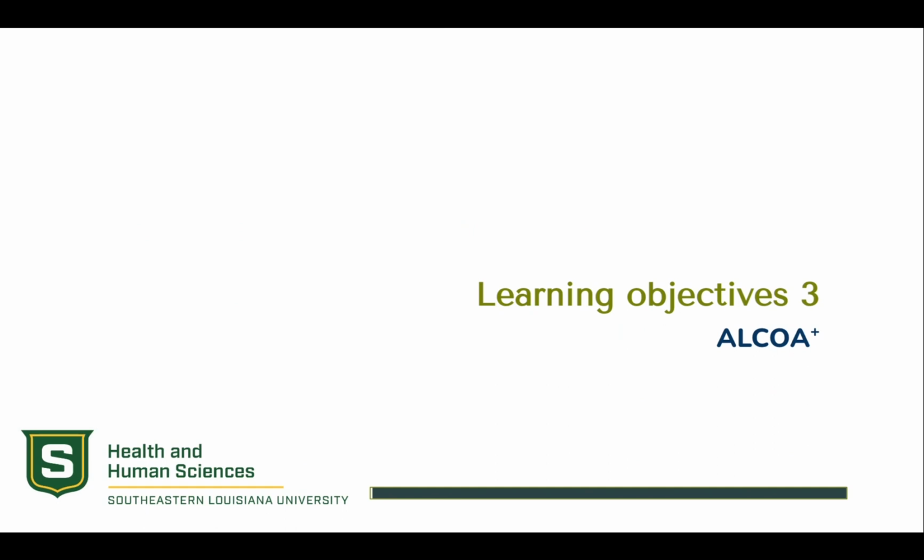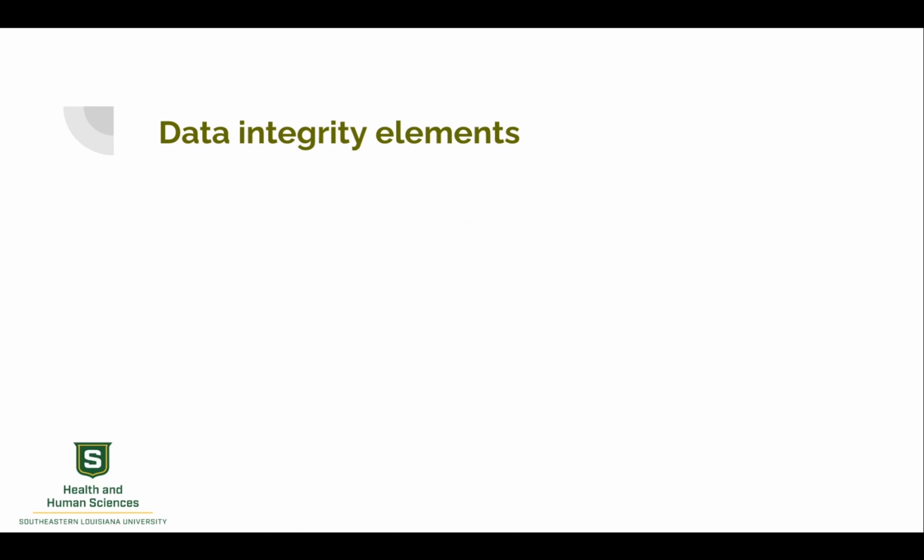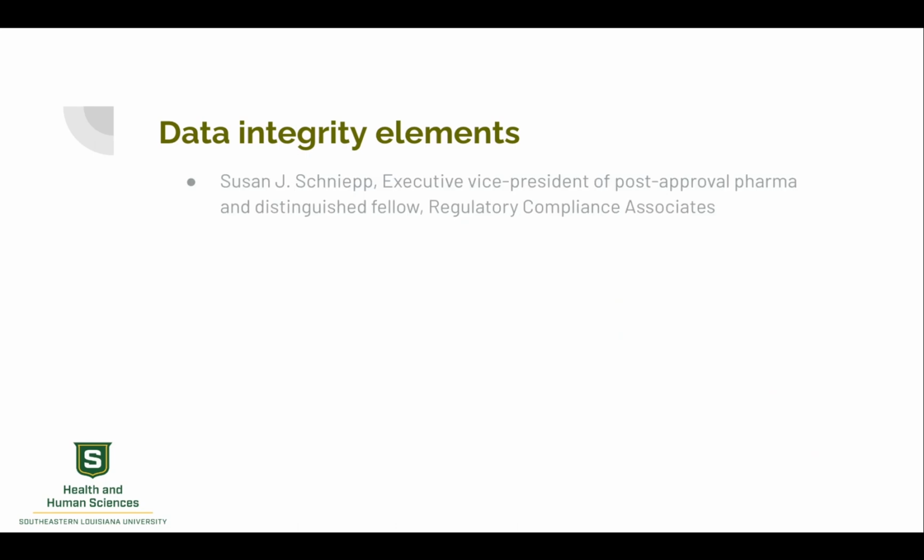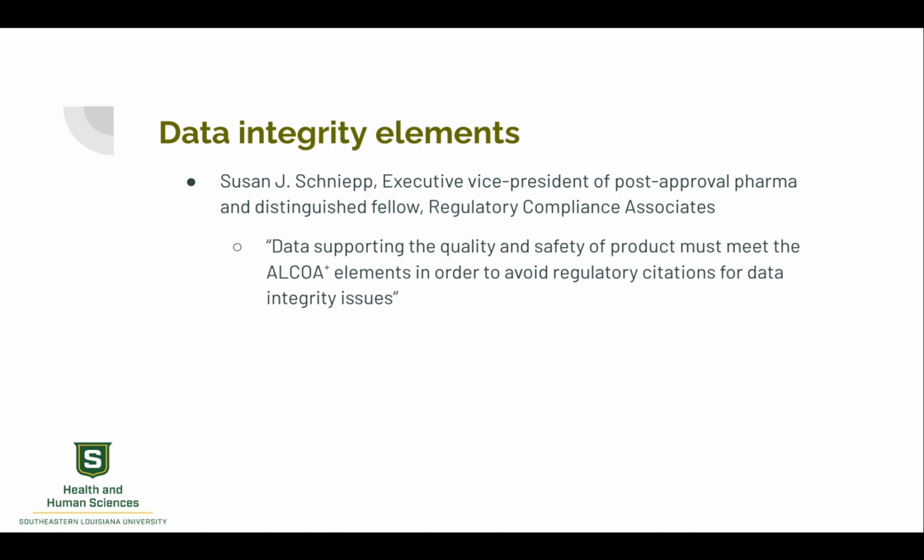So let's now talk about ALCOA. Some of the elements of data integrity, and this is according to a very big person, is that data supporting the quality and safety of a product must meet the ALCOA plus elements in order to avoid regulatory citation.